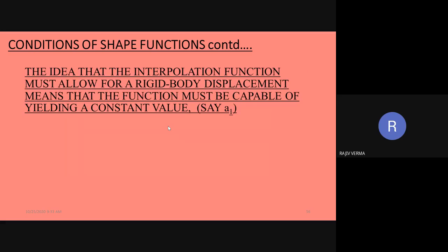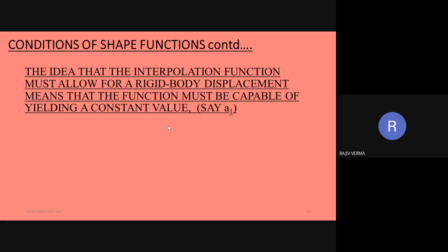The idea that the interpolation function must allow for rigid body displacement means that it must be capable of yielding a constant value. Now the thing is that if an element is behaving as a rigid body, obviously it means that there is no deformation present. And since there is no deformation present, it means that the value of displacements at both the nodes should be same.